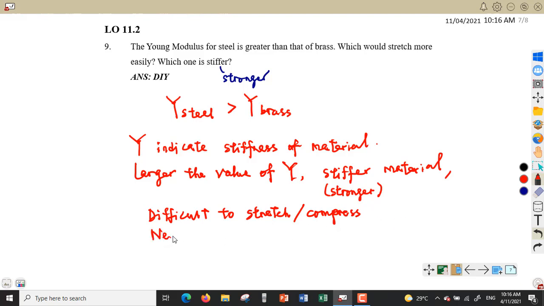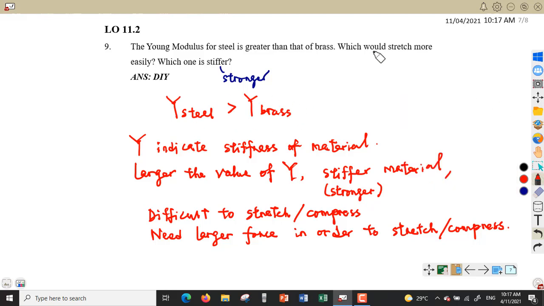It means that you need a larger force in order to stretch or compress the material. Since our Young modulus for steel is greater than Young modulus for brass, who will be stretched more easily? Brass will stretch more easily.